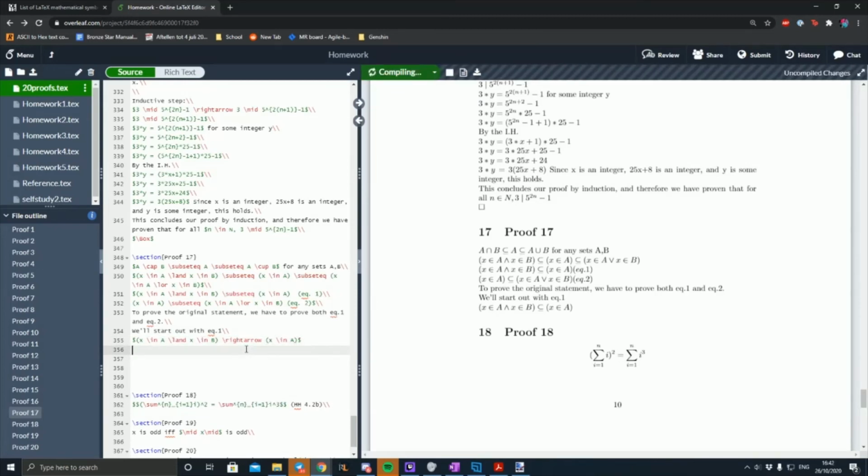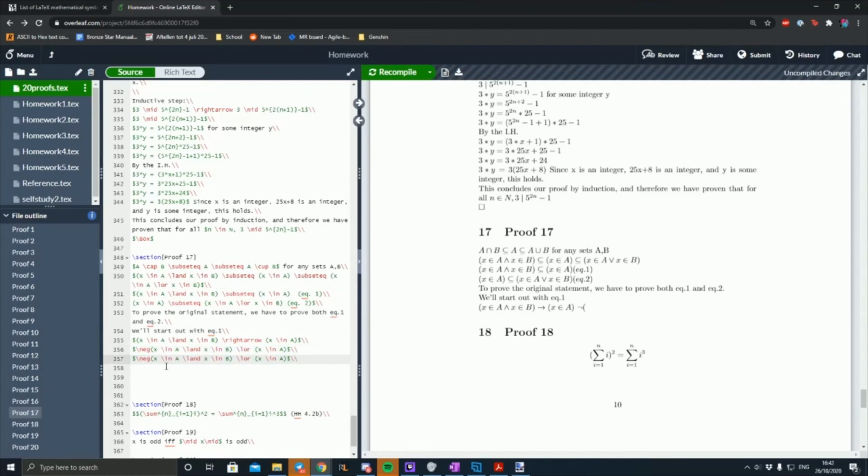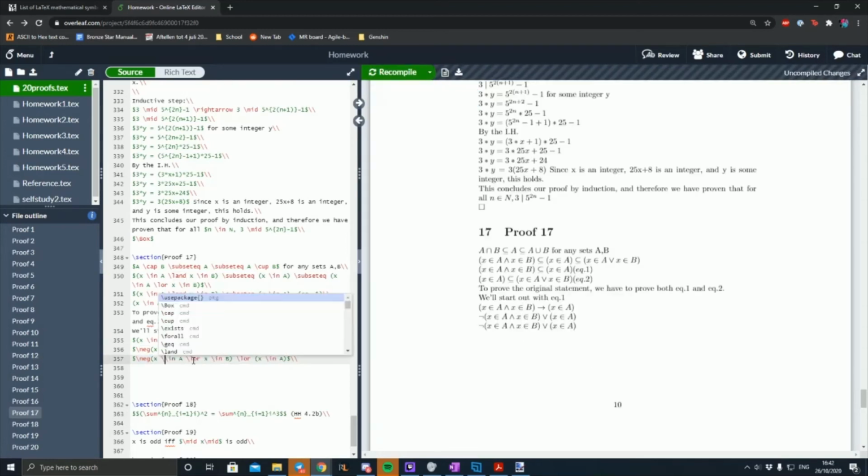Then we can replace this with a negation of the first thing or the second thing, x in A. Oh, I'm forgetting my slashes. Should always be consistent with your slashes. The negation of x in A and x in B, that's x not in A, or x not in B.